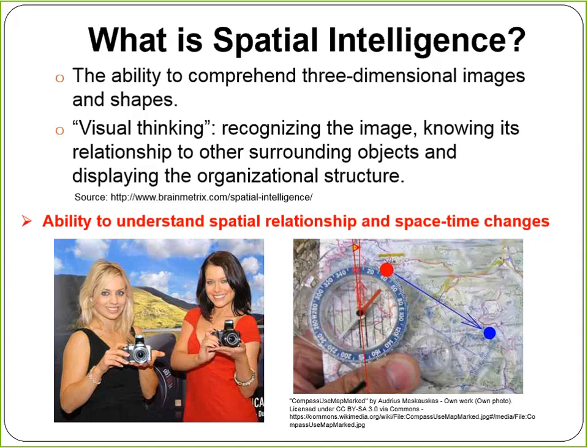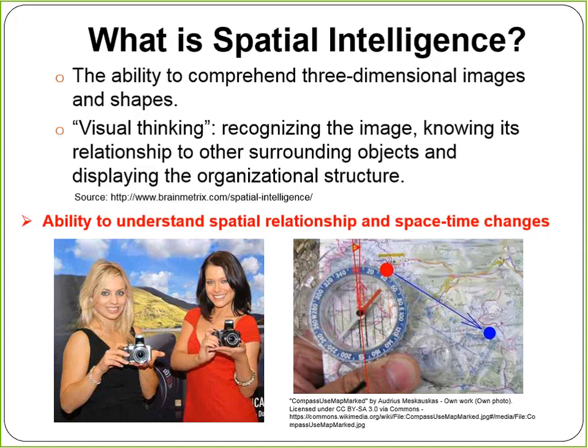This is a picture of a digital camera. With a digital camera now, everyone can take photos. It's not because we are professionals, but because the camera has spatial intelligence built in, with advanced methodology and technology.